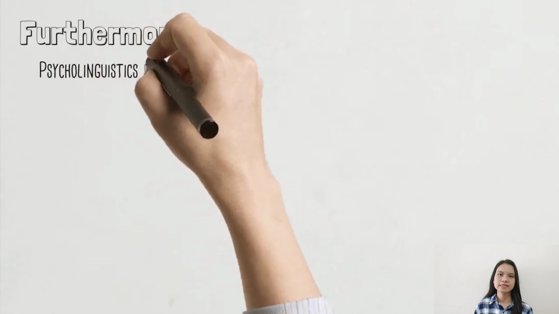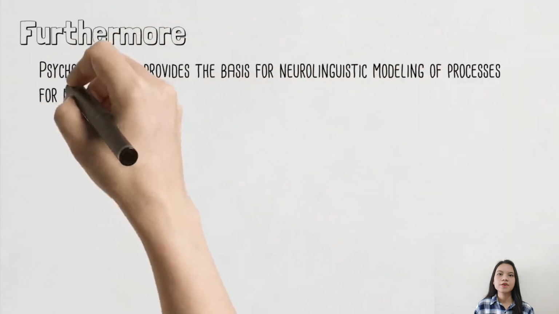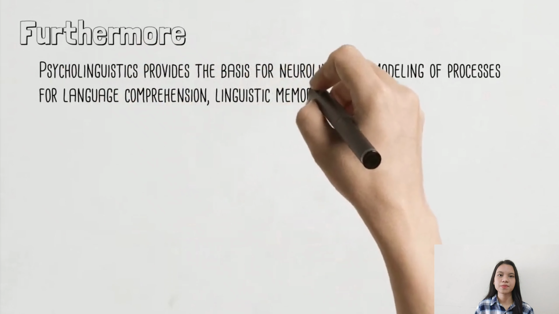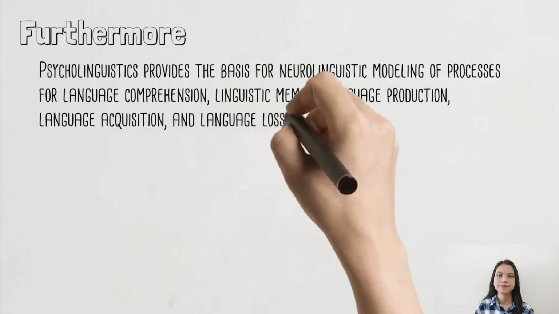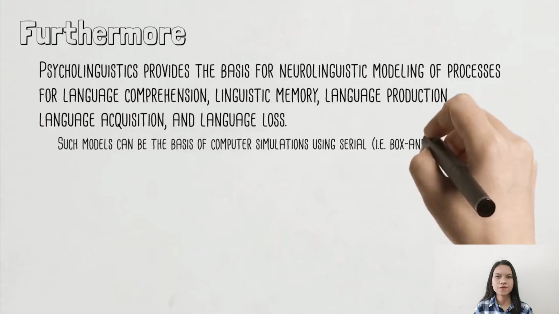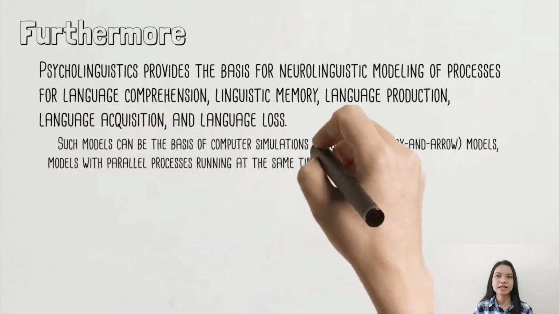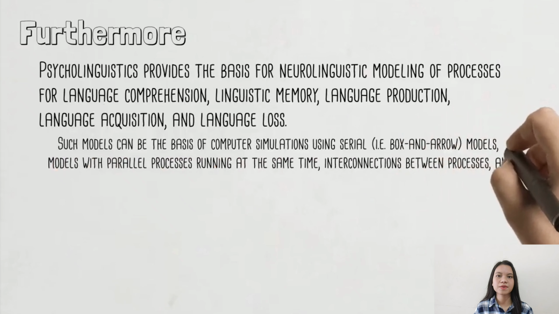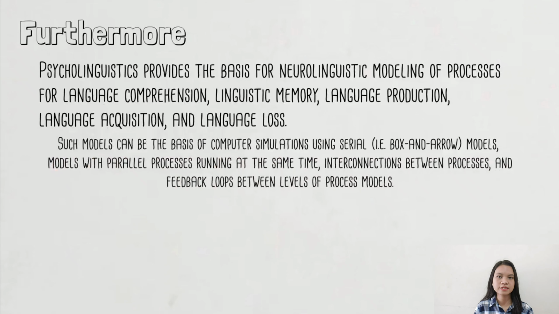Furthermore, psycholinguistics provides the basis for neurolinguistic modeling of processes for language comprehension, linguistic memory, language production, language acquisition, and language loss. Such models can be the basis of computer simulations using serial, for example box, and neural models, models with parallel processes running at the same time, interconnections between processes, and feedback loops between levels of the process models.